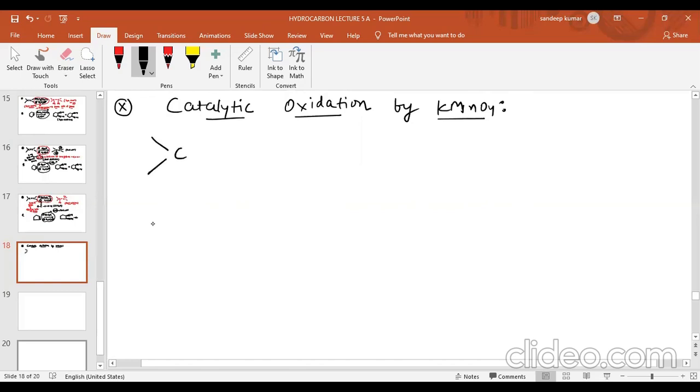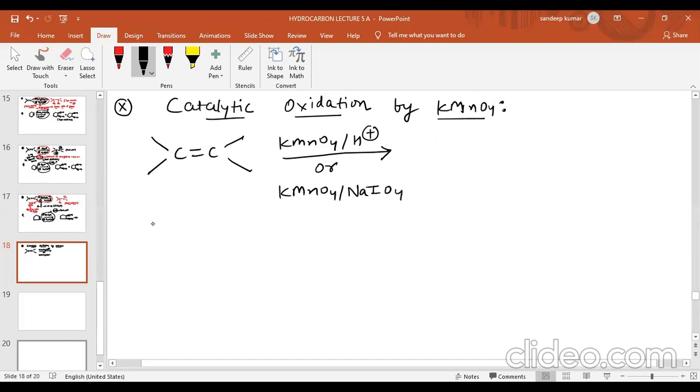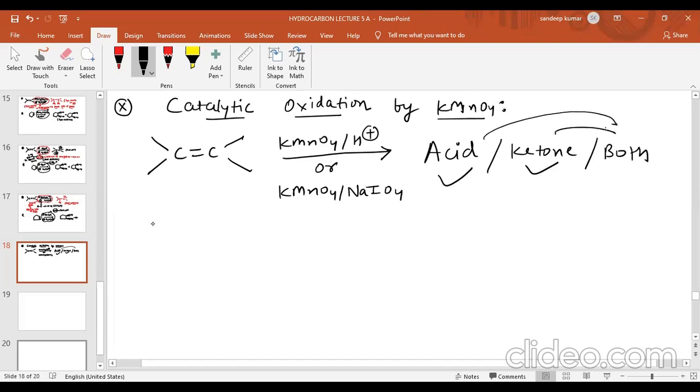If an alkene is given like C double bond C, and we want to do the catalytic oxidation, you can add KMnO4 in acidic medium H plus, or you can say KMnO4 in presence of sodium periodate, NaIO4. The product obtained can be acid, or ketone, or both, acid as well as ketone.